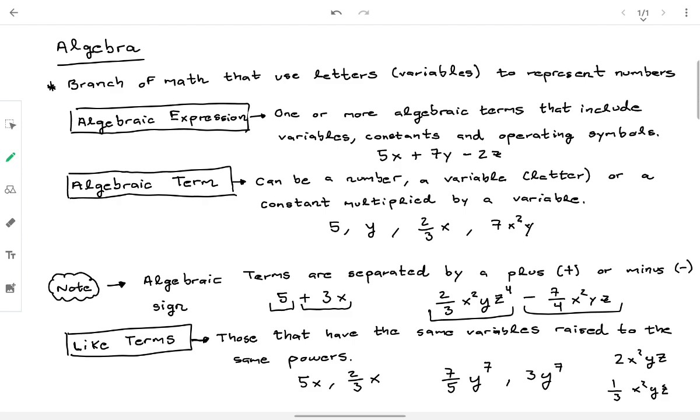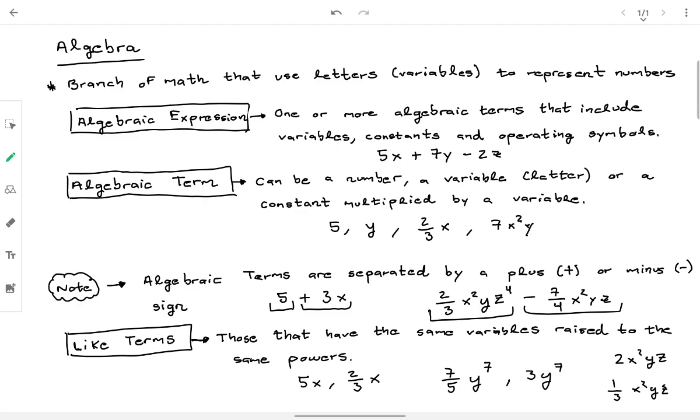So these are three specific definitions, expression, term, and like terms, that will help us very much in the future. So I recommend you make a little note about them.